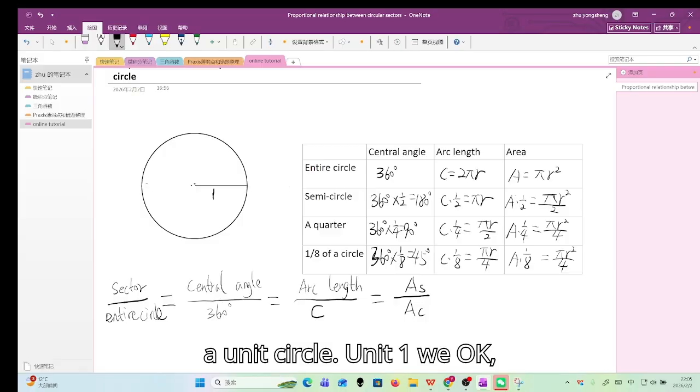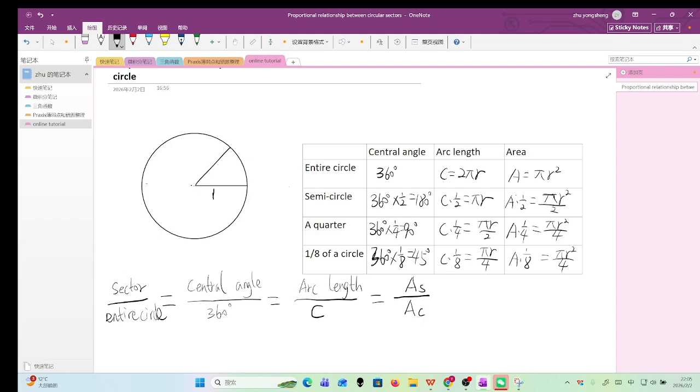Okay, so let this central angle be 60 degrees or 45 degrees. Here 45 degrees. So what is the length of the arc?